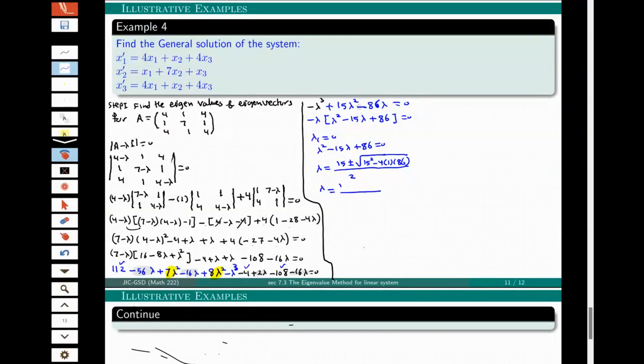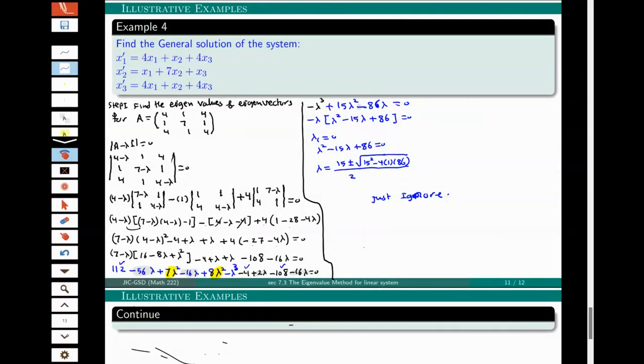So our lambda will become 15 plus or minus, anyway, I'm not going to give in the final something too strange like this one, 15 squared minus 4 times 86. Anyway, that will be a complex value. Okay, I'm not interested in complex values, just ignore it.